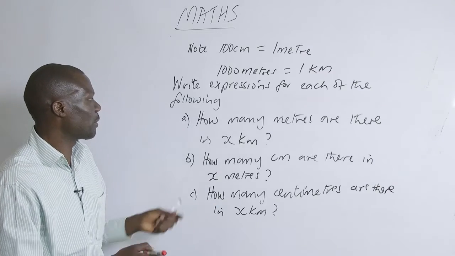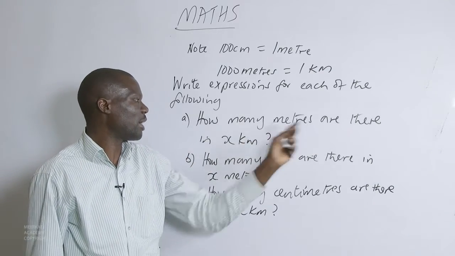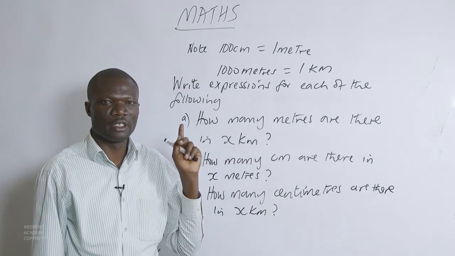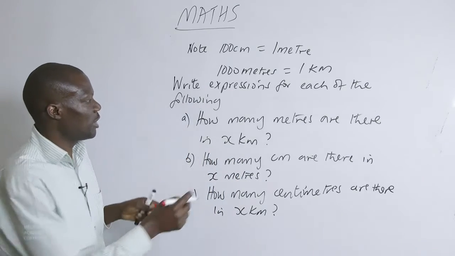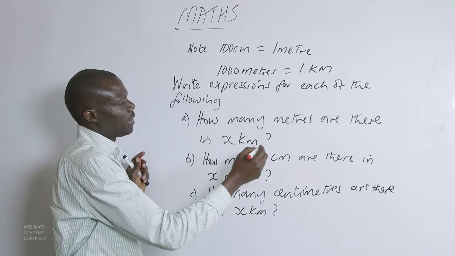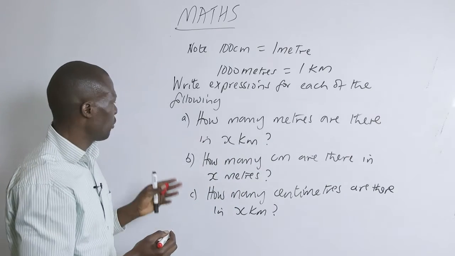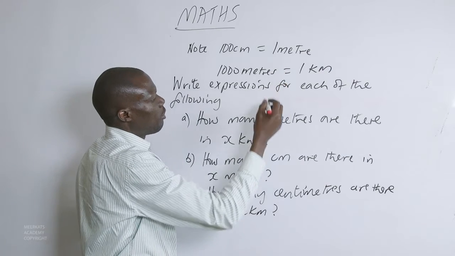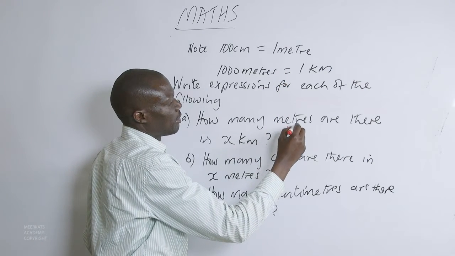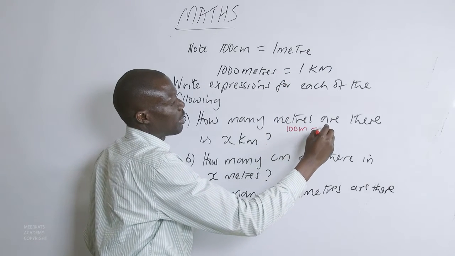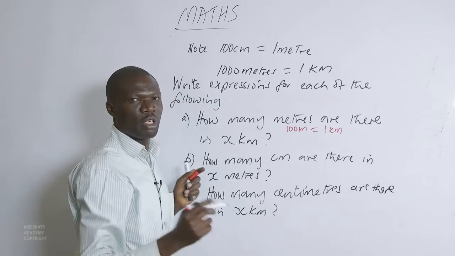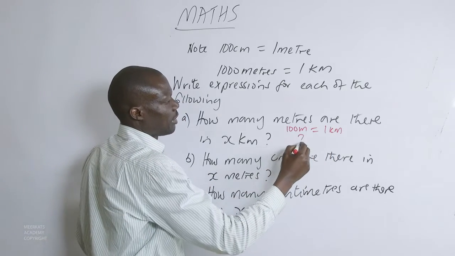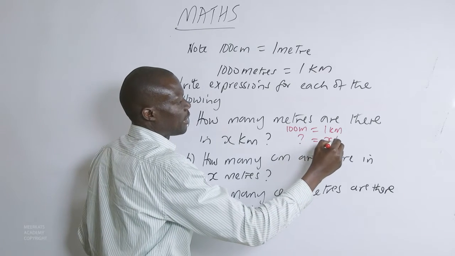From the first one, how many meters are there in X kilometers? Now, this one, we simply look at it. If we are to relate the first one, we saw that 100 meters is equivalent to 1 kilometer. But what we want to find out is how many meters are there in X kilometers.